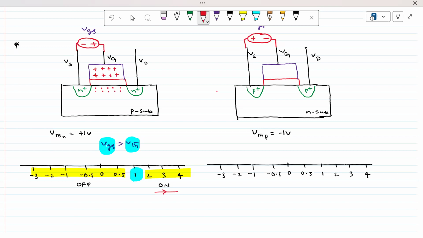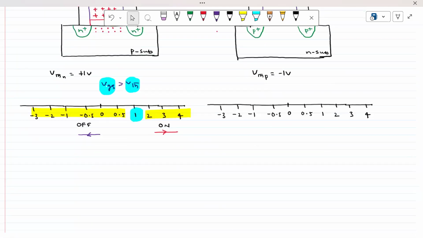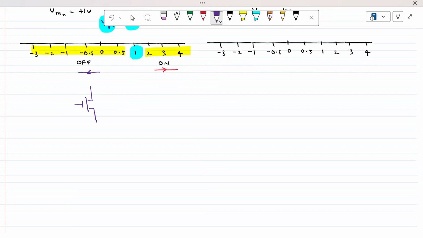Okay. Now, this is the simplest thing to understand. But the question is, whenever we are talking about electronic circuits, for example, look at this particular one. This is the MOSFET. This is the NMOS transistor. This is the gate potential. This is the drain terminal. This is the source terminal, for example.